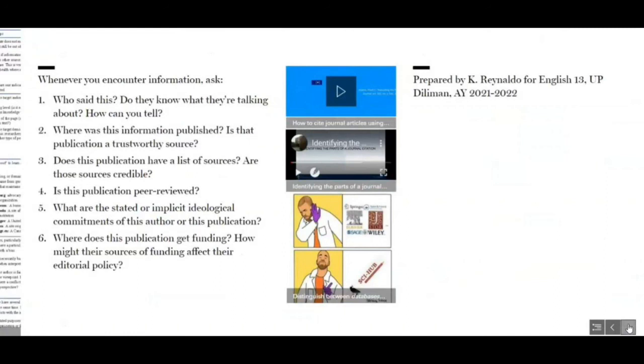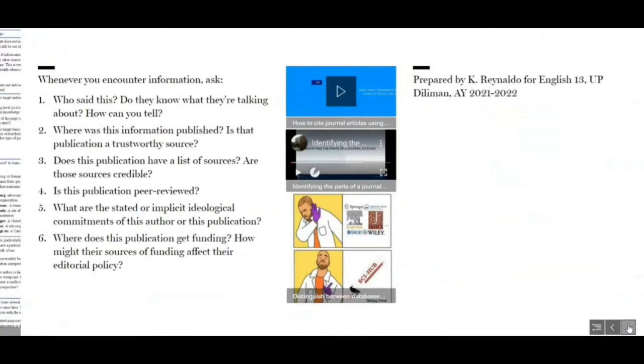So you have to distinguish the title of the journal from the publisher of the journal. For example, Humanities Diliman is published by the University of the Philippines Diliman. It's not published by JSTOR or Project Muse. Critica Cultura is published by the Ateneo de Manila University. It is not published by Elsevier, even if it is available on Elsevier, let's say.